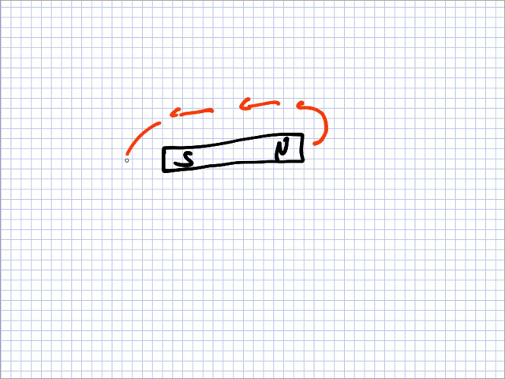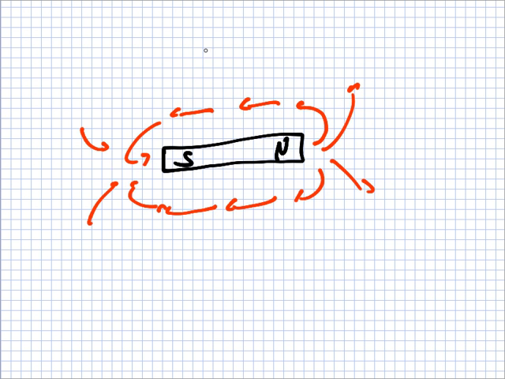So if I have a magnet, there's north, there's south, and this is the magnetic field. Well, I won't draw all of it because I'm sure I have a picture of it, but I'm sure you've seen this actually in middle school even. You know what I mean? This picture here.